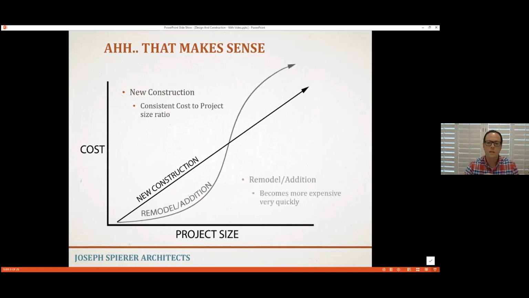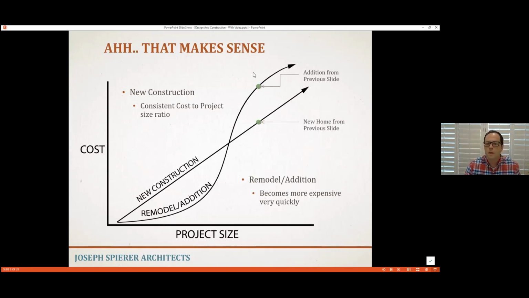But the curve is a little bit different for a remodel or an addition. It doesn't make sense to tear the house down if you're adding on a bedroom onto the side of the house, or a bathroom or something like that. But at some point, you do end up reaching a point of no return.